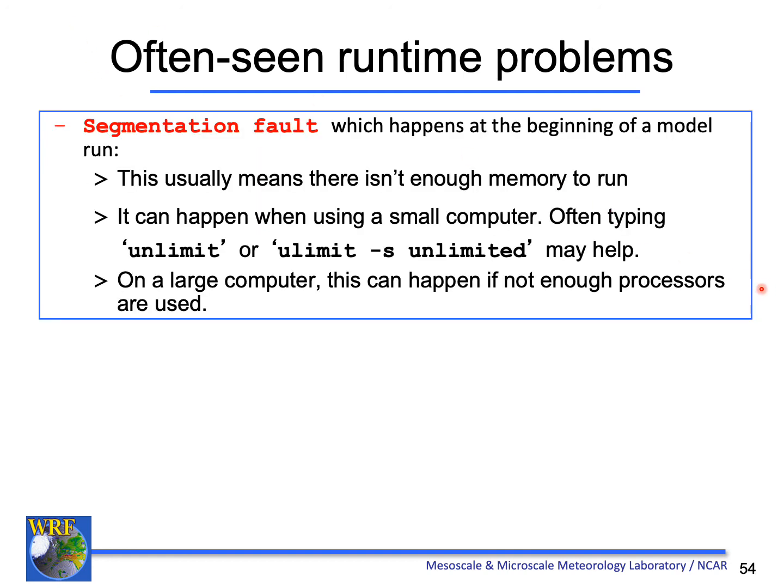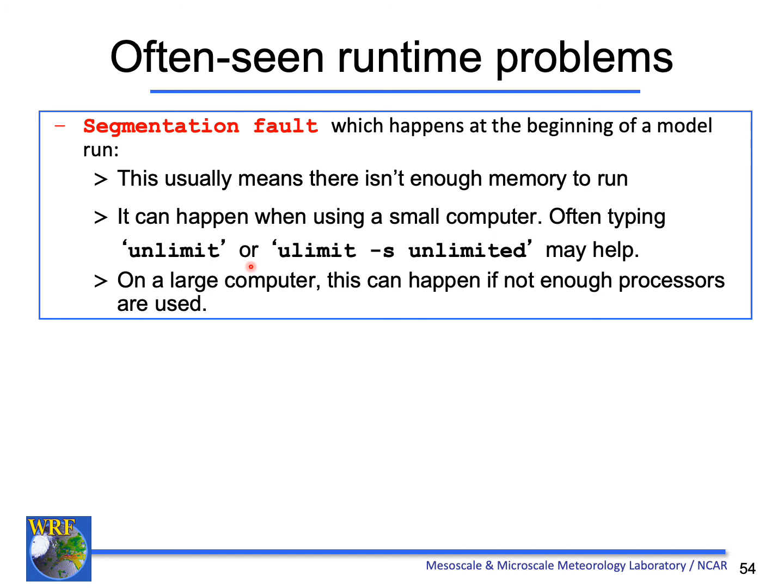One common failure of the model is segmentation fault. This generally means there isn't enough memory to run the job. If we are trying to run the model on a small computer with limited memory, we may get this error. This can be corrected sometimes by typing Unix command unlimit if the computer actually has more memory that can be used.